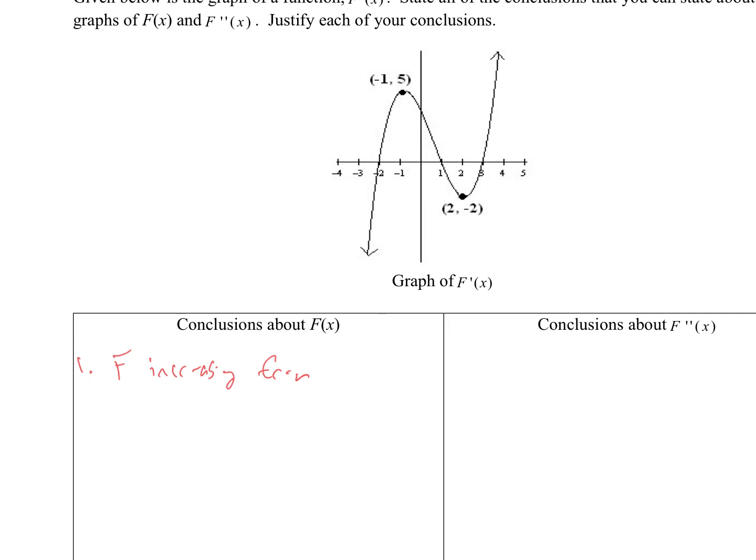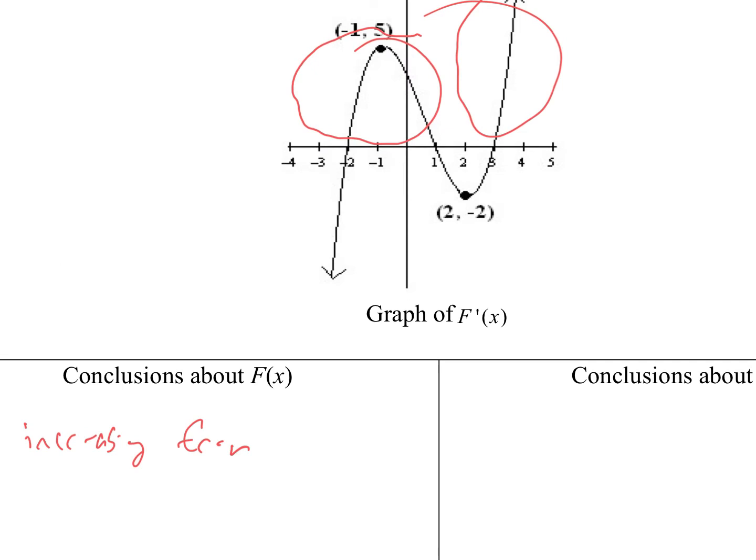That would be what we would say if it was f, but it's not f, it's the derivative. It's increasing only when it's positive, when the first derivative is above the x-axis. So we know f is increasing from negative 2 to 1 union 3 to infinity.